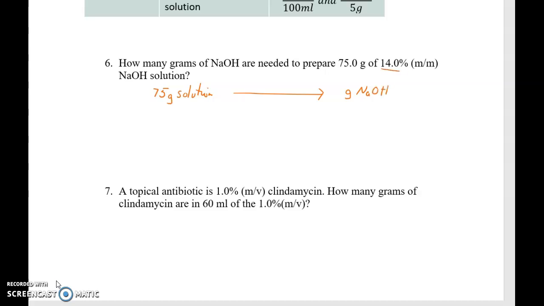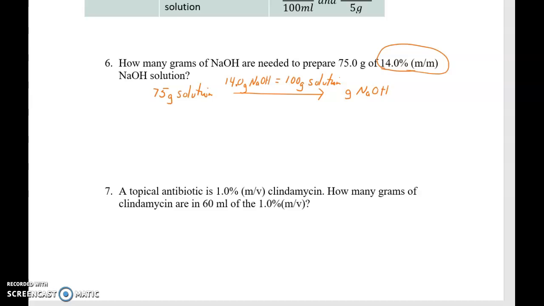We can use this 14% to write an equality. And our equality will say, this is mass over mass, that there's 14 grams of sodium hydroxide found in 100 grams of solution. That equality came right from that number right there. That's where that came from. Make sure that you can see that.